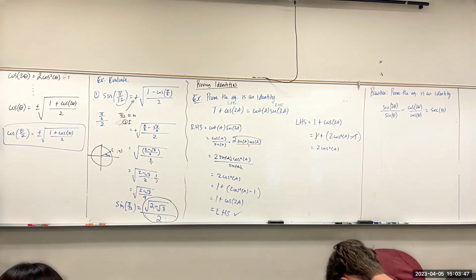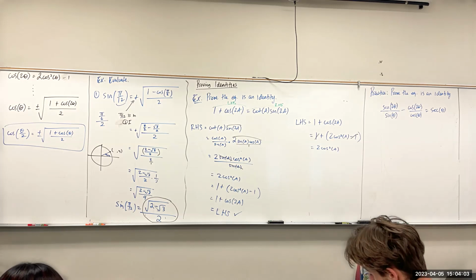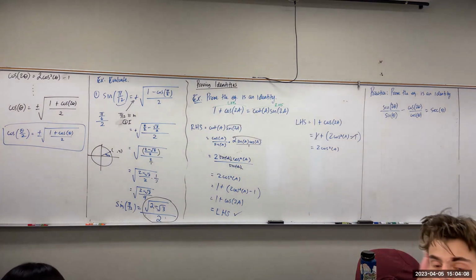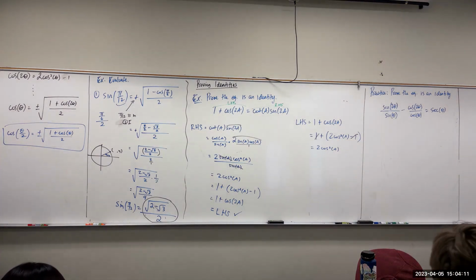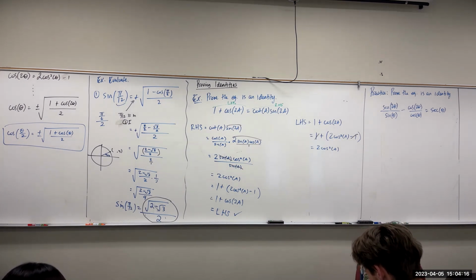What you want to do is rewrite this with this. Instead of writing that, you're now going to write it as sine theta, cosine theta, times this cosine. Now you've got to do this one.